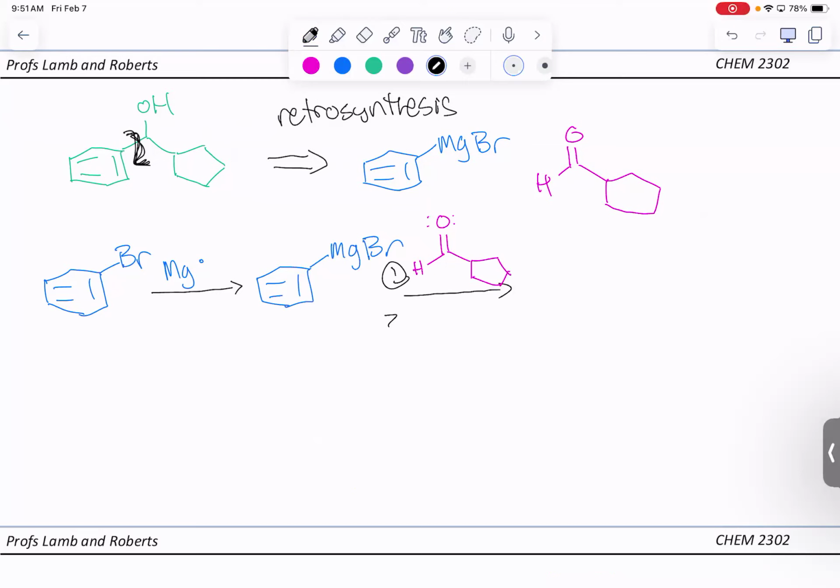Then in step 2, I would draw some acid, H3O+. I've designated those as 2 separate steps. And then when we do that, we will get to the final product that we're looking for, because we've added in that H3O+, we protonated our alcohol. We are good to go.